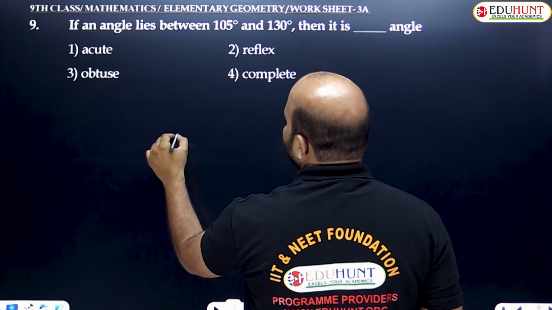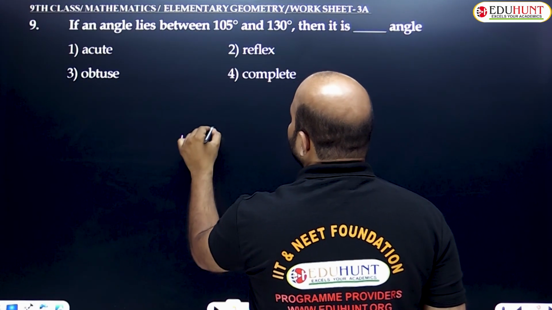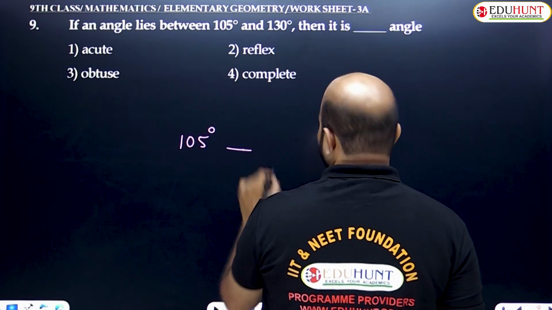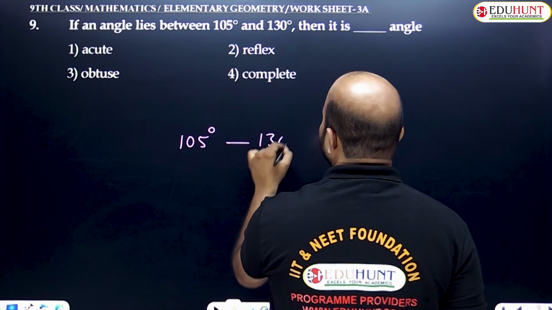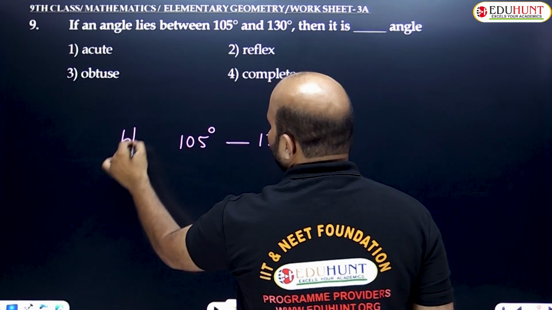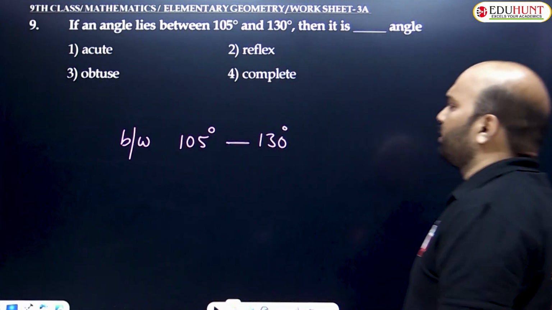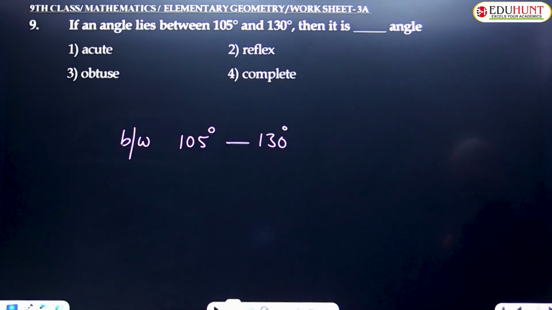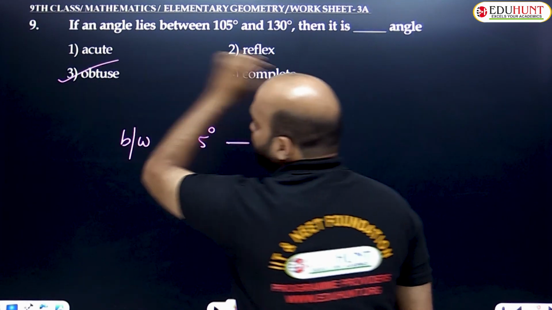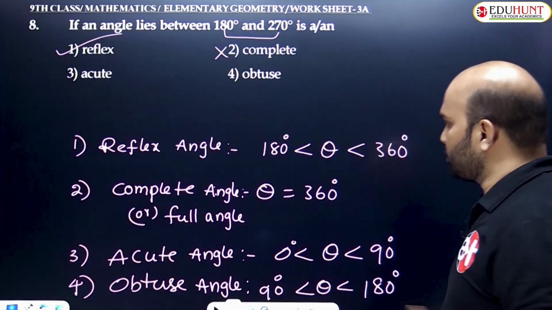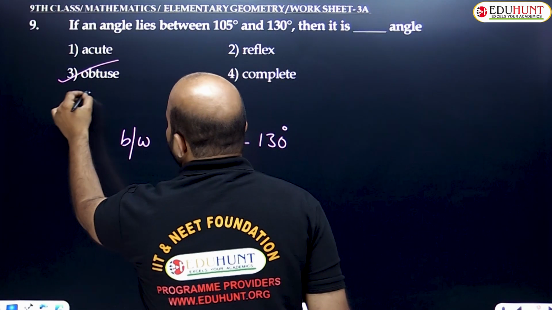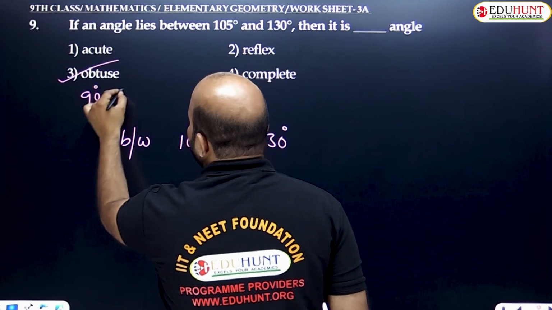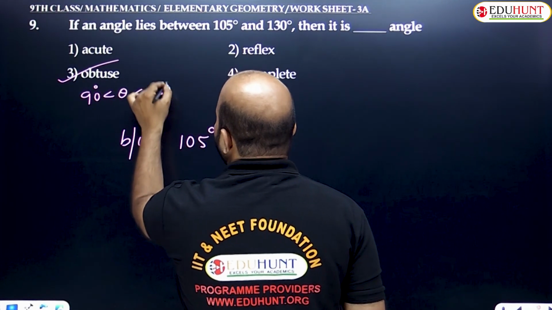The angle lies between 105 and 130 degrees, so that angle should be obtuse, because the definition of obtuse is more than 90 and less than 180 degrees.